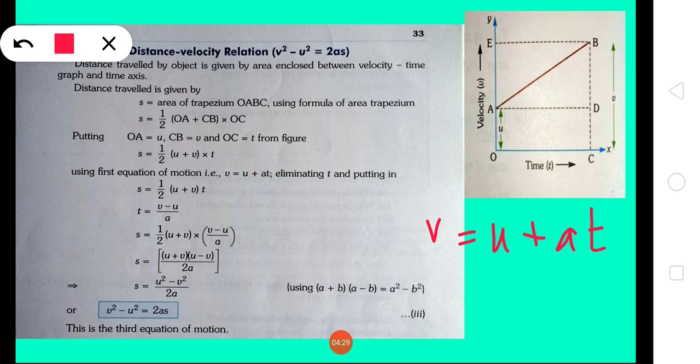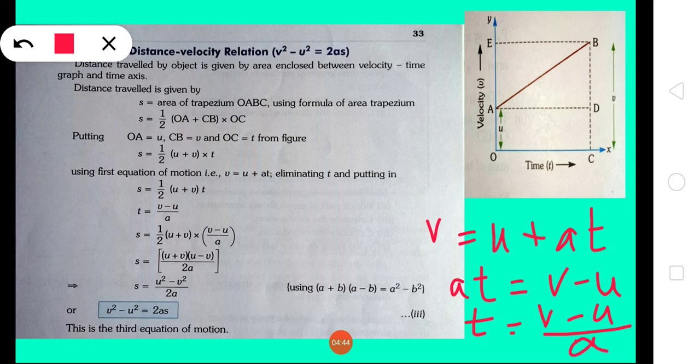So from this we know that at equal to v minus u. So t will be equal to v minus u by a. So here instead of t, we are going to substitute this value v minus u by a.